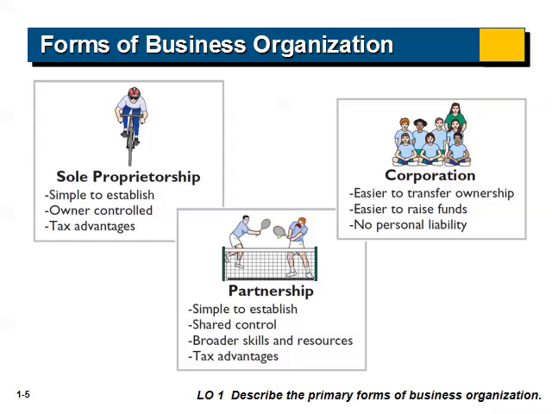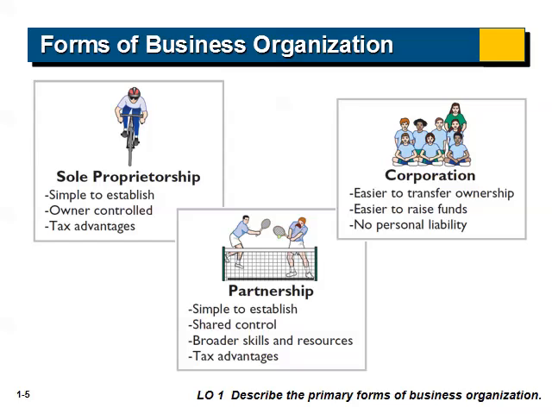So let's first talk about the 3 different forms of business organization. We have a sole proprietorship. Let me back up a second. You're starting a company. You decide to go in business on your own. And you have to, very first thing, decide what form do you want that business to take on.